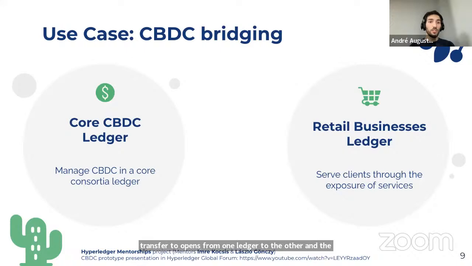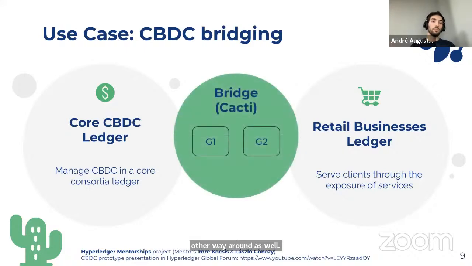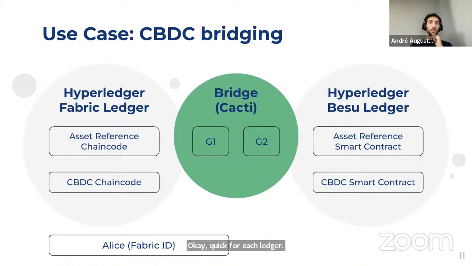So what we did here was basically building a bridge with Hyperledger Cacti and implementing a gateway for each ledger. As an example, we developed two different smart contracts or chain code in each ledger. We have the CBDC chain code or smart contract, which basically encompasses the actual logic of the CBDC.